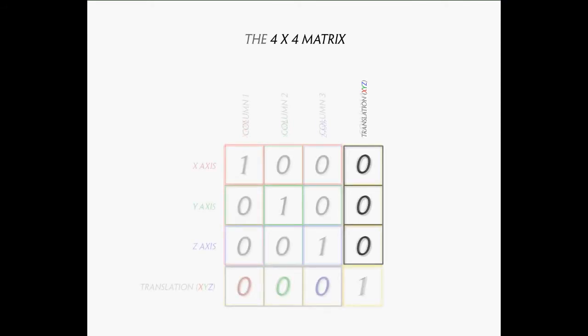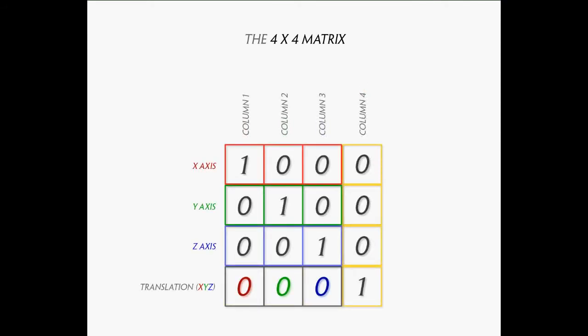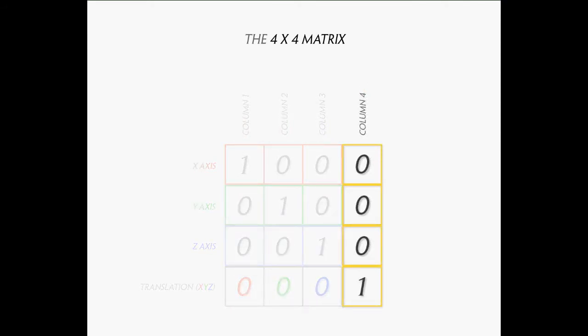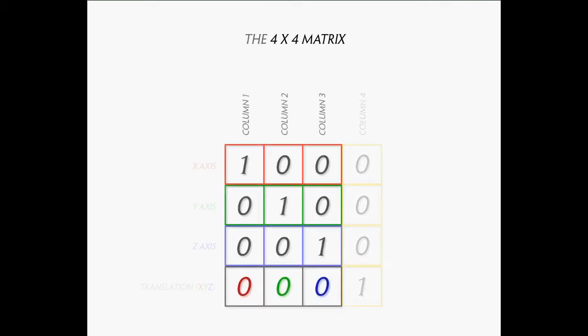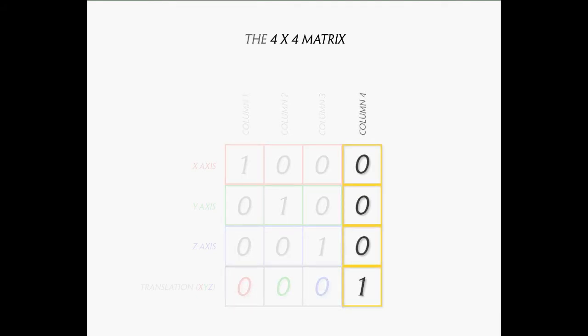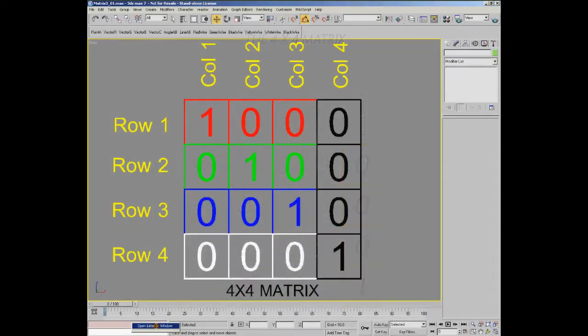In the case of 3ds Max, and especially of MaxScript, the fourth column doesn't have to be specified because it is normally filled in with 0001 just to ensure that the matrix is symmetrical. That means it has 4 rows and 4 columns. But in fact, only the first 3 columns are actually filled in with meaningful data. The fourth one is always filled in internally with 0001.